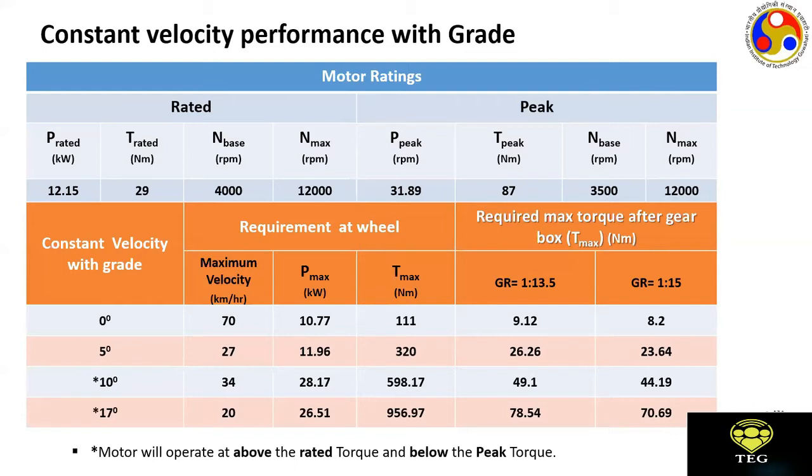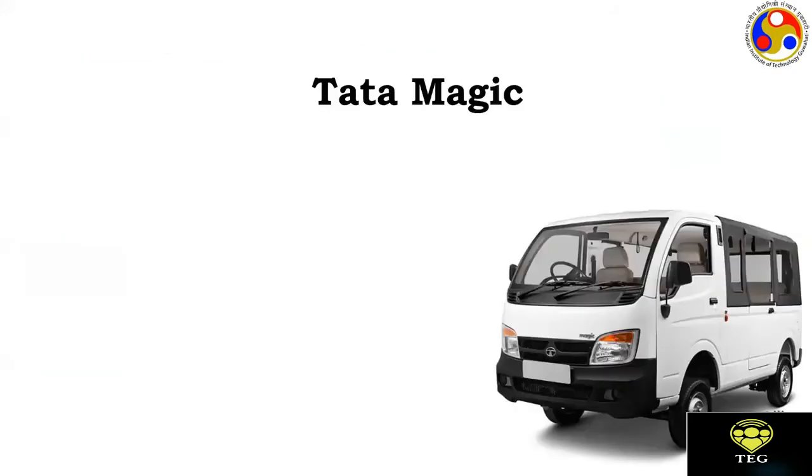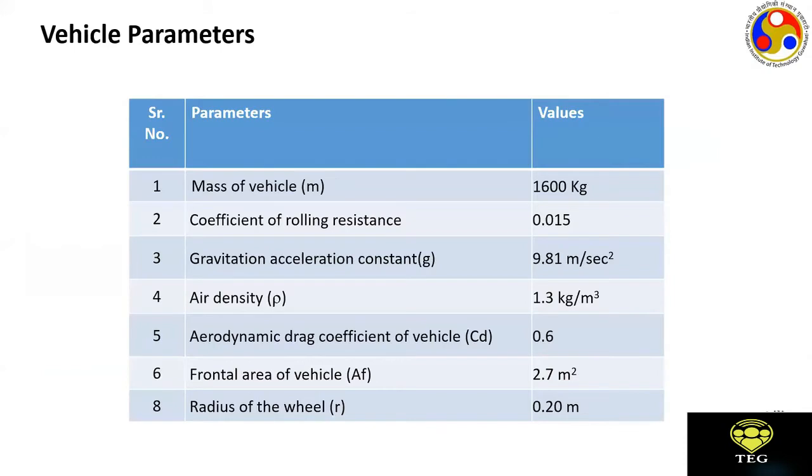Now, if you recall, we saw 8 drive cycles, and the vehicle that we have taken is the Tata Magic. So if I just have to show the analysis, I have the Tata Magic vehicle whose parameters are given here.